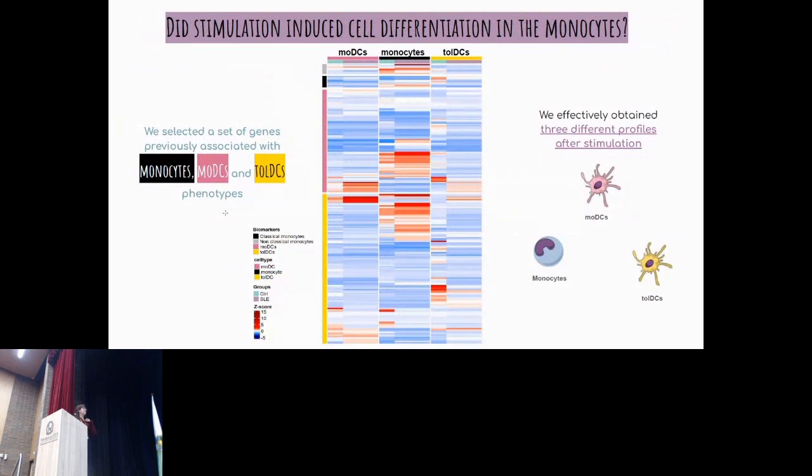For this, to verify this part of the process, we selected a set of genes previously associated with the three cell types that we were studying: monocytes, MoDCs, and tolDCs. And we looked for these genes in our data. So we can observe in this heat map that when we look for this set of genes, we can see different patterns across the three different stimulations, or the three different cell types that we were recovering.